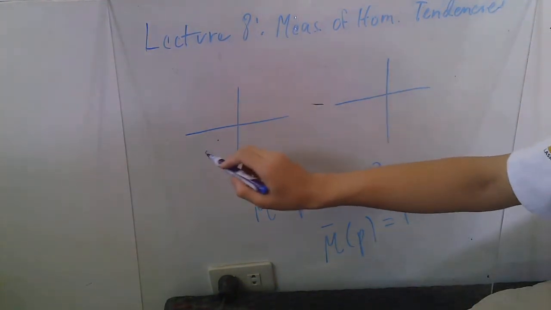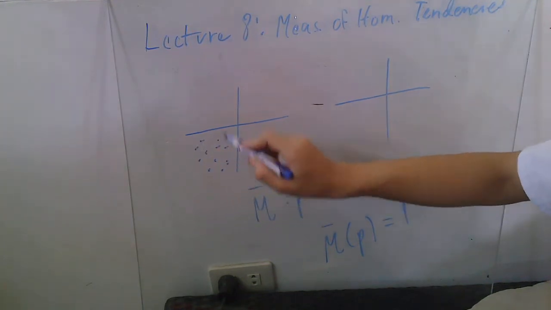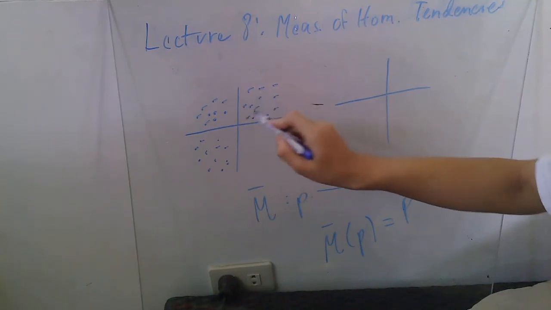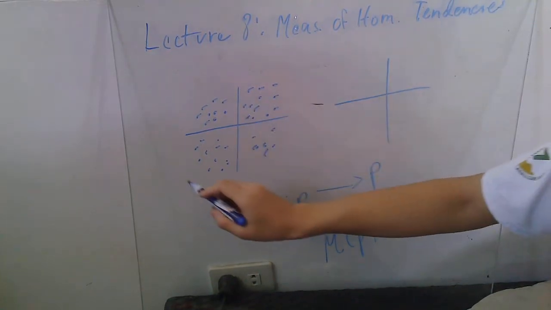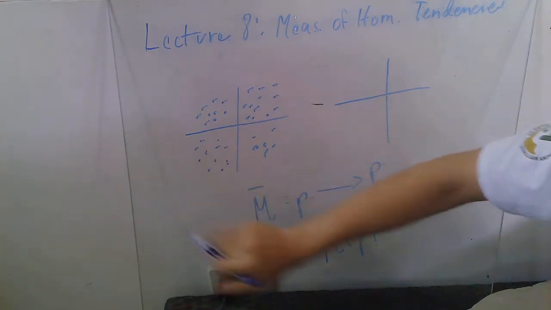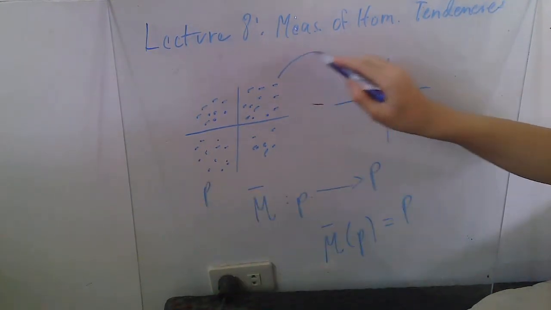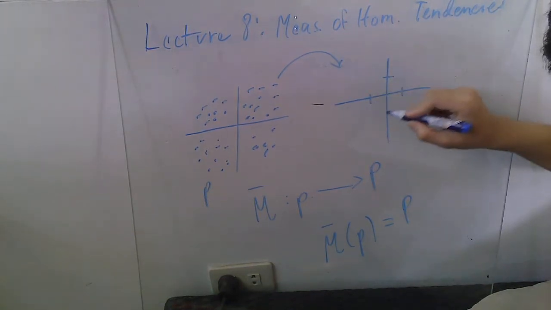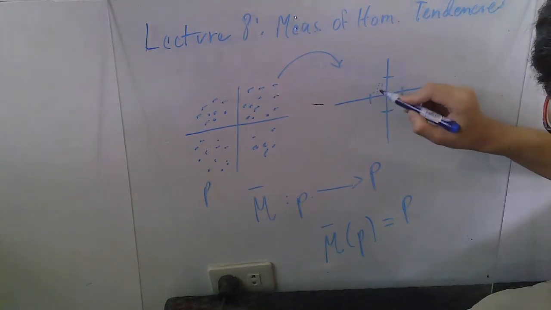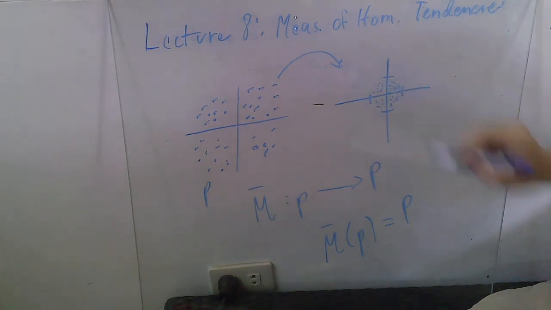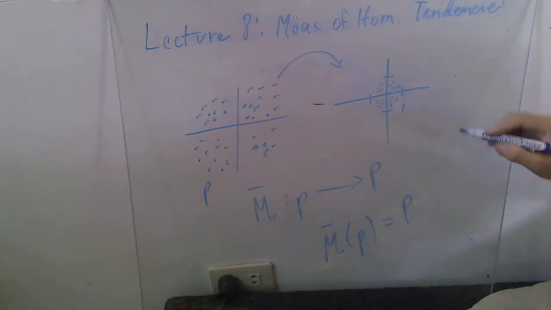So if we have random attributes here, or percentages, or measures, if this is the space for mu and the space for small p, then mu hat maps each of these points onto a small one by one space, where most of the percentages stay within 1, because we can't go beyond 100%.